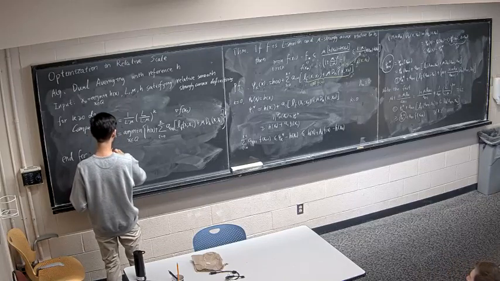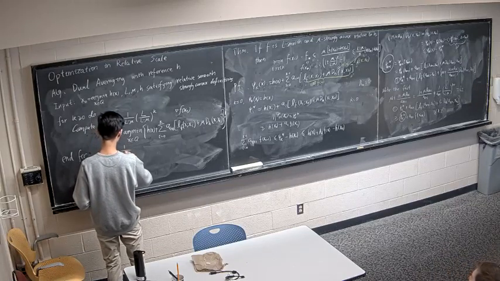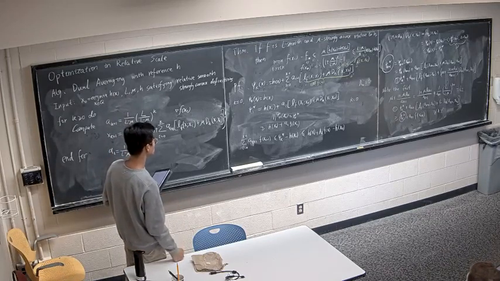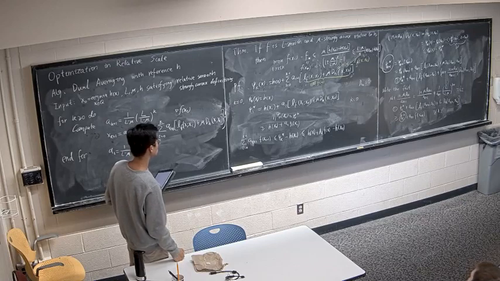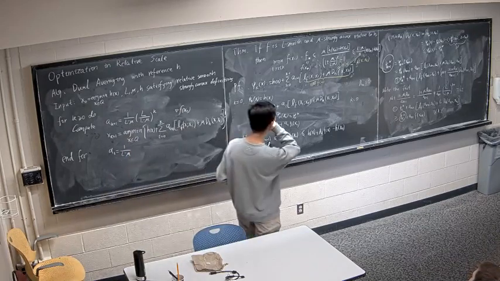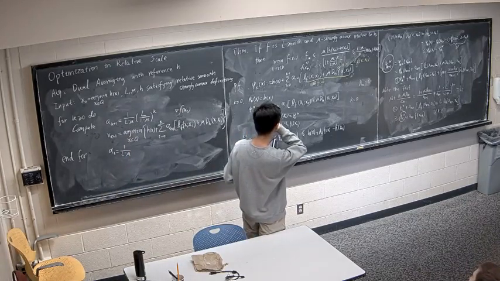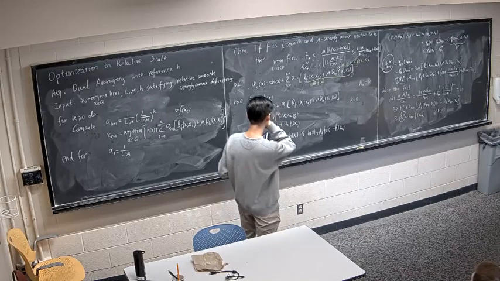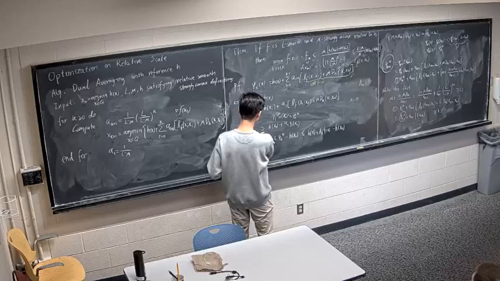A1 would just be 1 over L minus mu, so that would still work for equaling L, so that's not the issue. Let me see. Why is this not good, right?